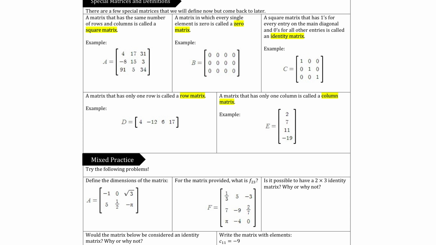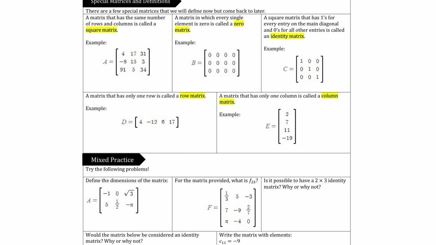An identity must be a square matrix, and the main diagonal must be all ones, and every other element must be 0. Row matrices have one row with any number of columns. A column matrix is the same, but it has one column and any number of rows.